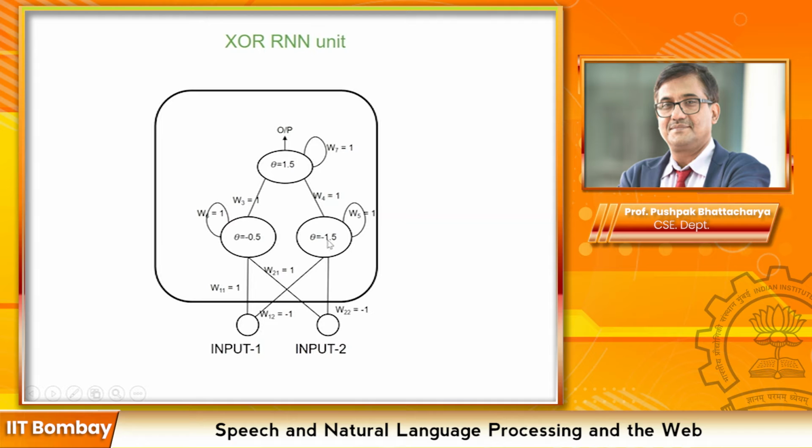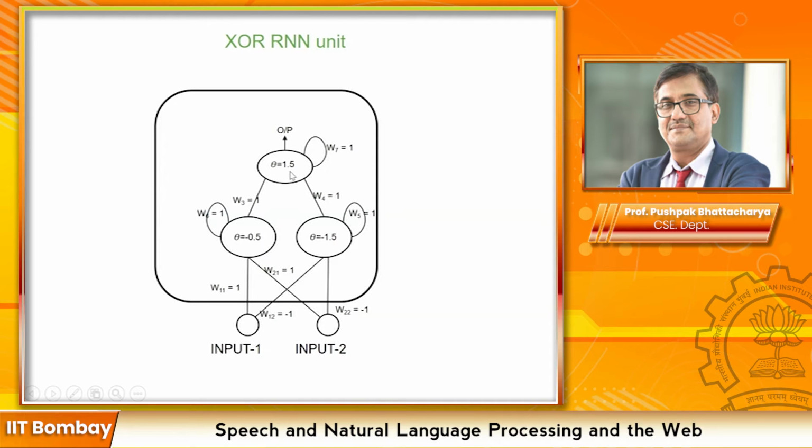The threshold is -1.5. So this neuron computes NAND. And the outermost neuron has threshold 1.5. Two weight values are 1, 1 each. This neuron computes AND. So it is AND of OR and NAND, which computes XOR.